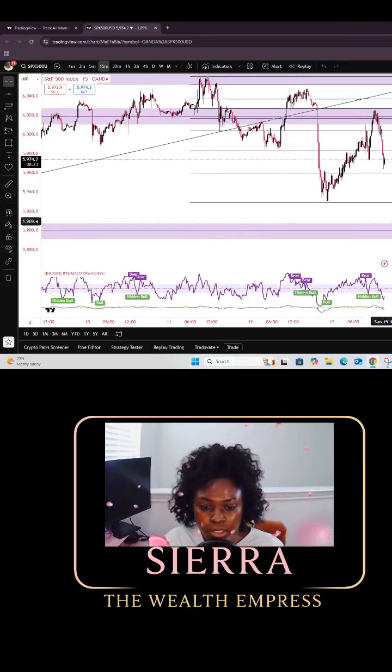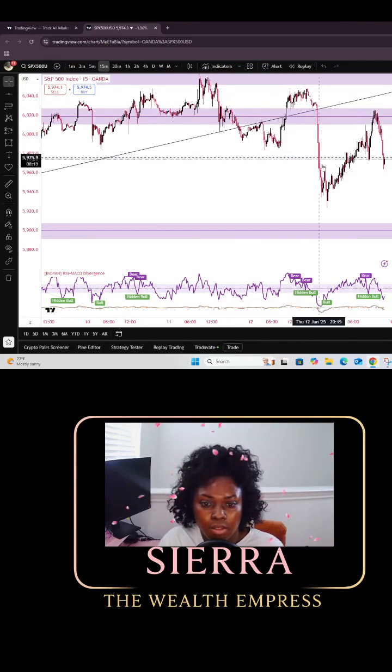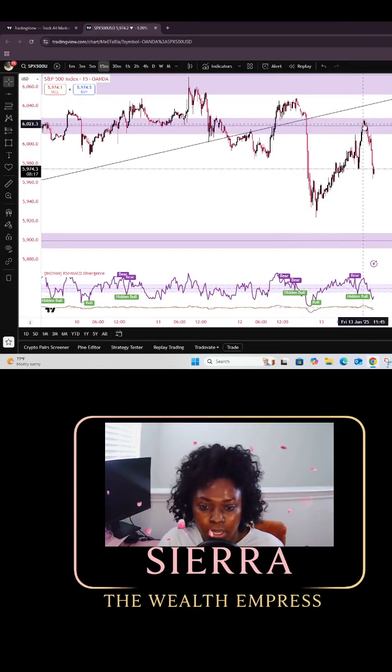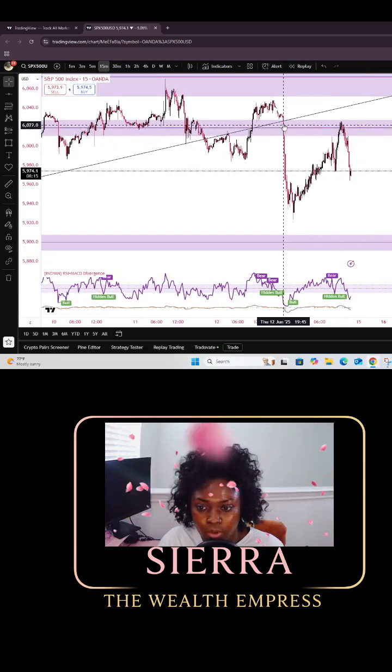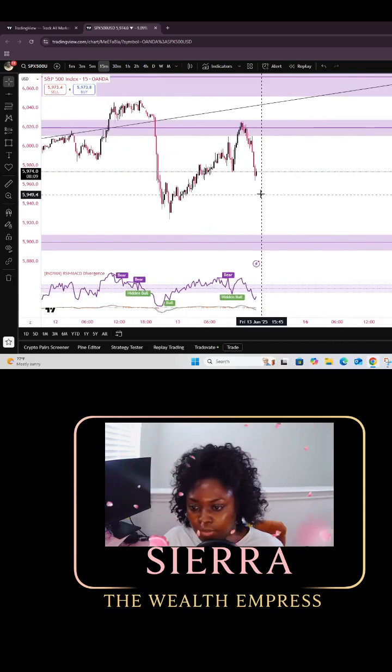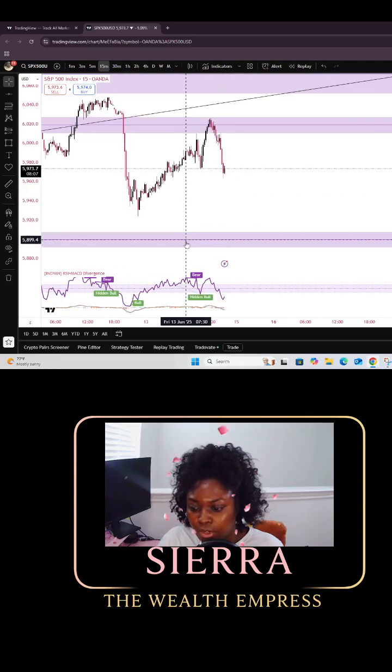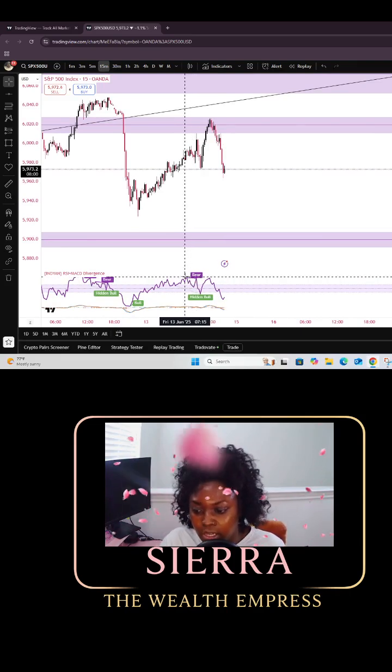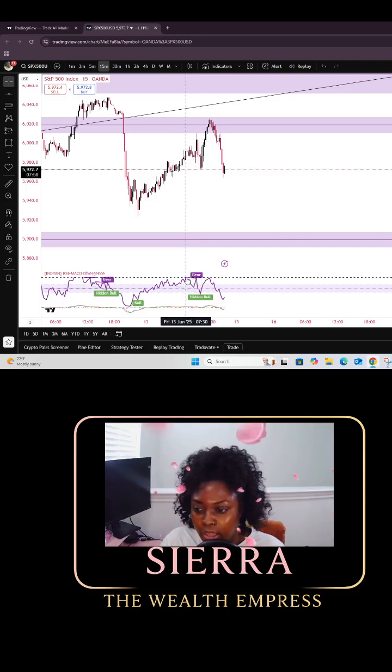Yeah, so it's definitely making its way down here. The entry is already missed, but this was the zone, right? We had a fair value gap here. We look down here on the RSI, right? Price peaked here. This is where we got our first high, and these two connected and said bear, okay?